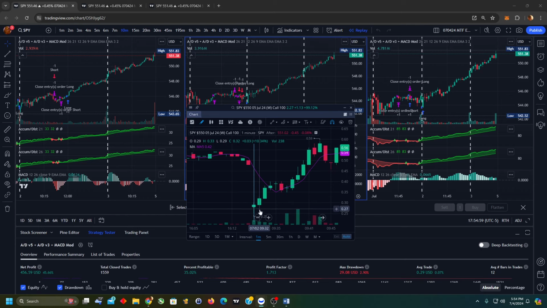Here you can see this is the 550 call expiring Friday, that's tomorrow, July 5th. And at the opening where this trade began on Tuesday, July 2nd, these contracts were trading for about $30, $40.